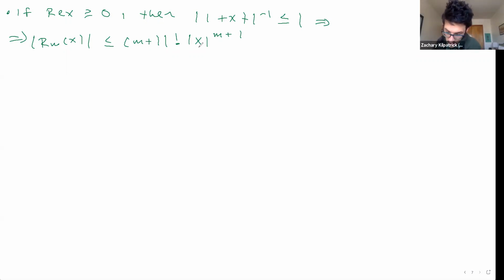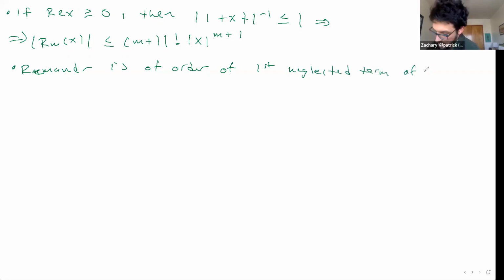Okay, so the remainder term, this is our R_M term, is of order of the first neglected term of S of x, right? So remember, when you write down the order of an asymptotic series, you always drop the constant.